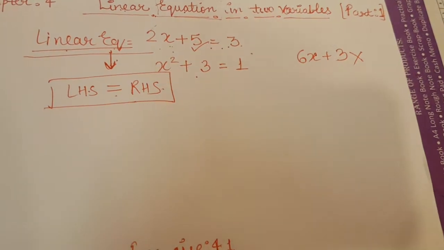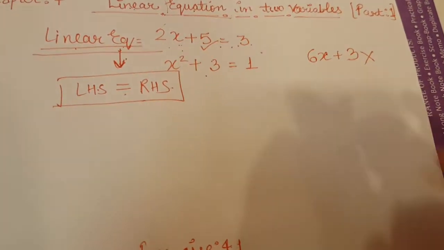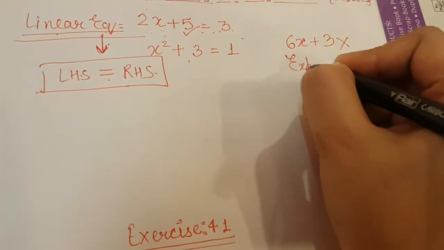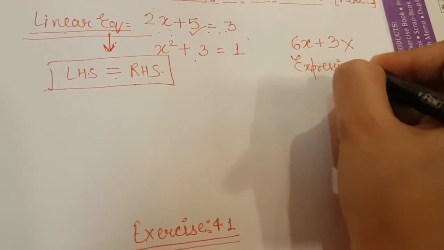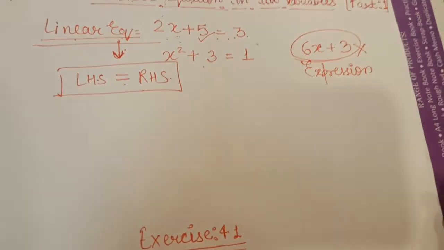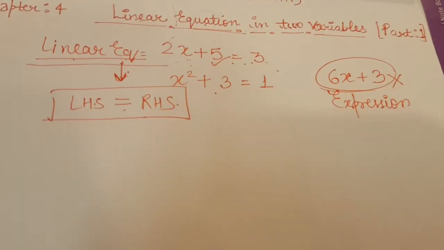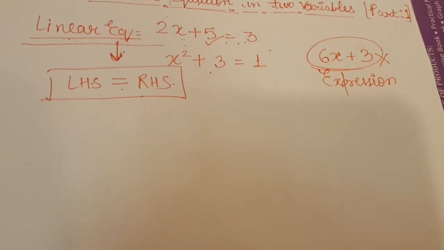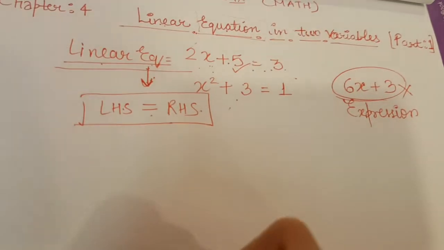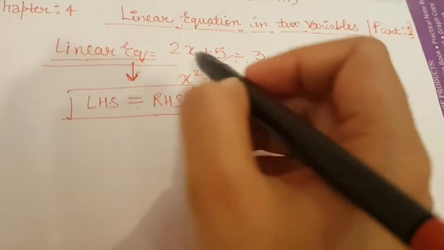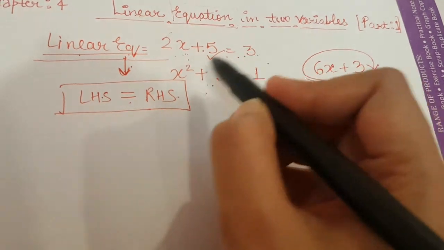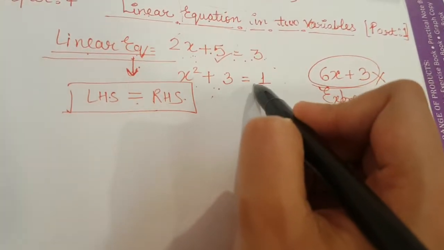So how it will be linear equation? Because this is not an equation, this is only an algebraic expression. This is not an equation because equal sign is not there and two sides also are not there. Now two are left. Both are equation because LHS, RHS, LHS, RHS and equal sign.